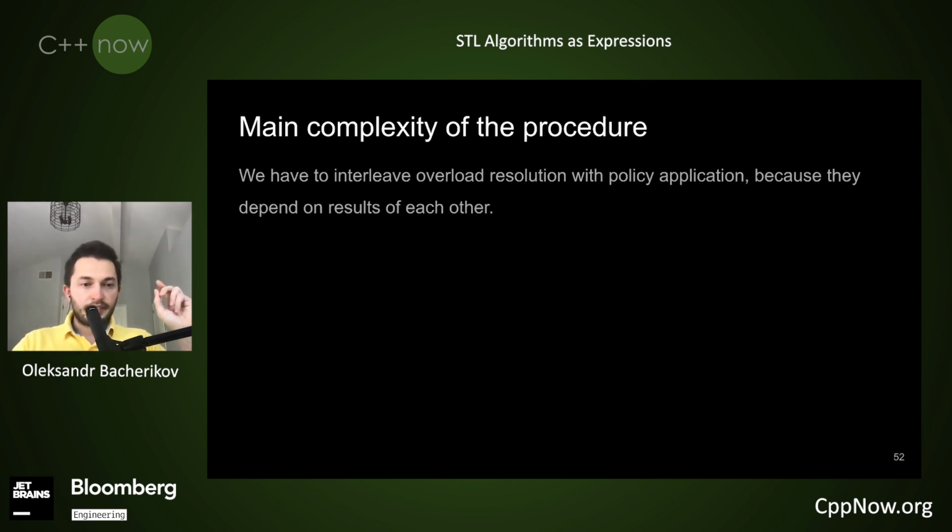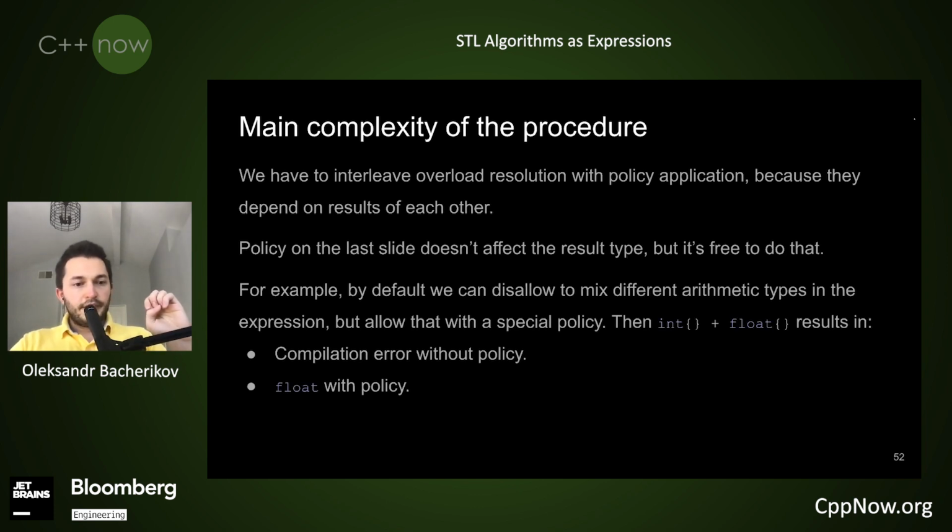And in the last example, maybe it wasn't obvious, but in fact, the policy can affect the resulting type of the operation. On the previous slide, we went from element-wise range operation to vectorized range operation, so it didn't really change the type.